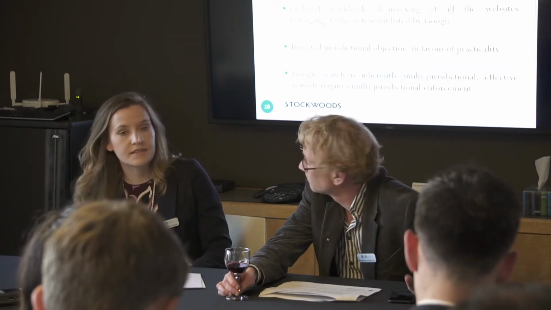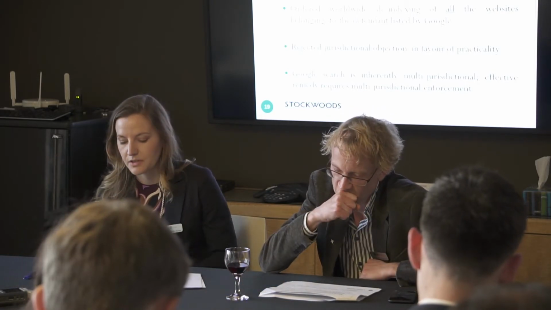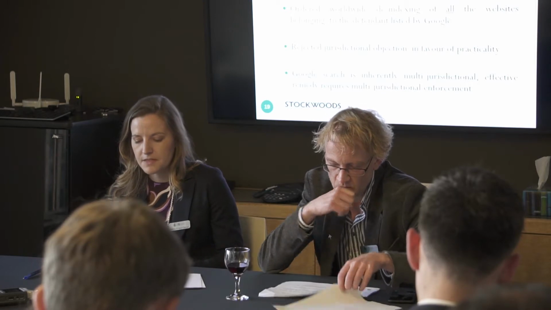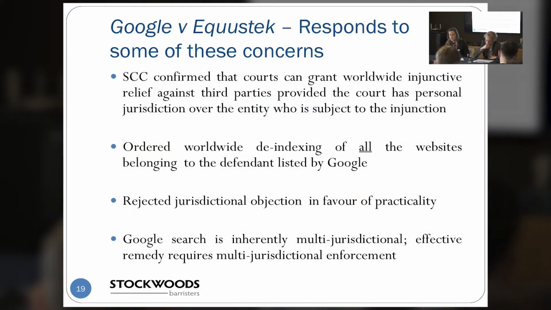The Google case that Andrea referred to earlier does respond to some of these concerns. This was a case involving a small tech company that alleged that another company had unlawfully used and sold its intellectual property on the internet. And the plaintiff had obtained some injunctive relief. They had an order that the defendant wasn't to carry on business on the internet.